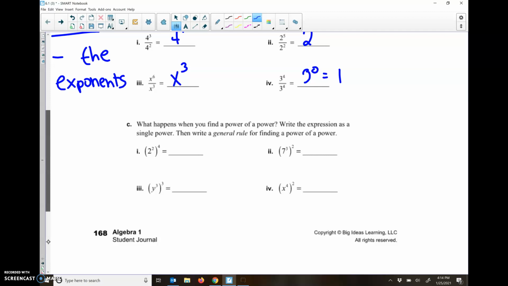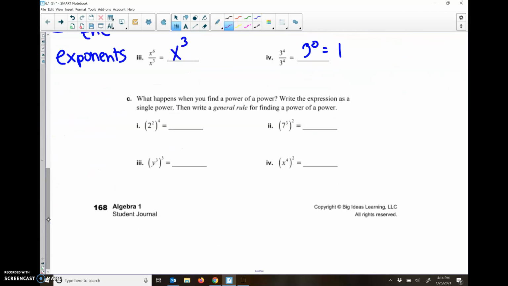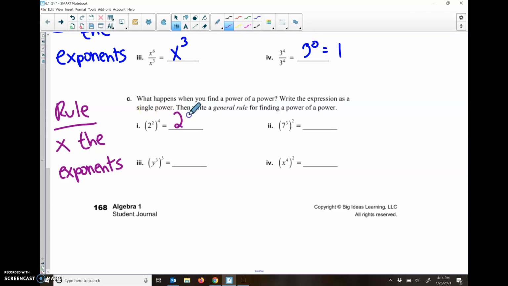Okay, here's our power of a power stuff. So now our general rule is we multiply the exponents. Okay, so we have an exponent of 2 and an exponent of 4. 2 times 4 is 8. So 2 to the 8th power.